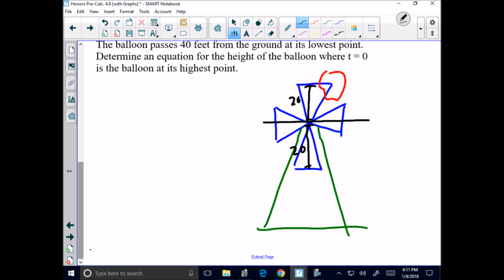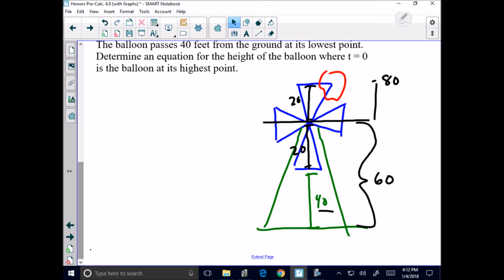Now that height is going to be 40 feet plus 20 feet, since we can say that the weather balloon is going to be 40 feet from the ground at its minimum height. So we can say that the equilibrium, or the middle height that our weather balloon is going to be attaining, is going to be 60 feet above the ground. Where the min is going to be 40 feet above the ground, and the maximum height would actually be 80 feet.